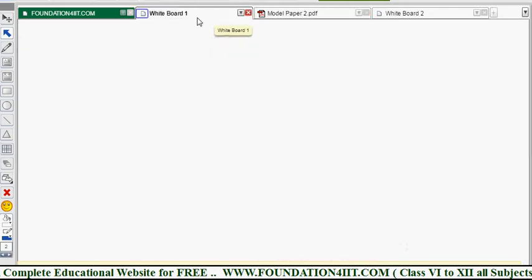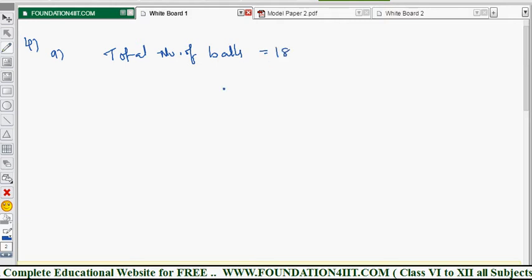We take the given data first. In this first one, the total number of balls is given, that is 18, right? So the total number of balls is equal to 18, and let the number of red color balls be x.